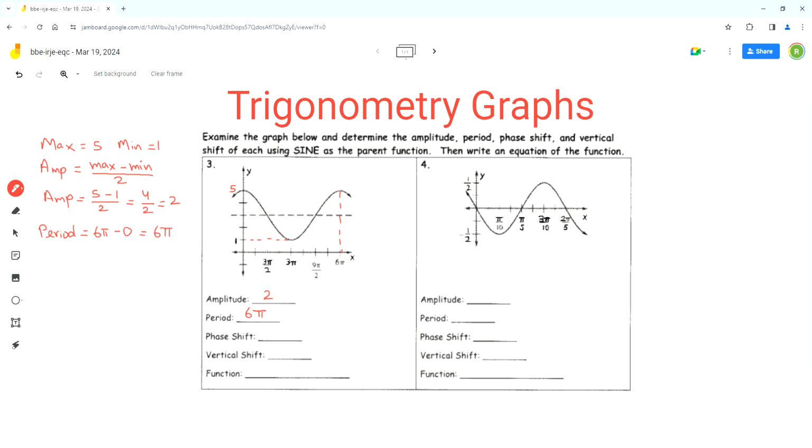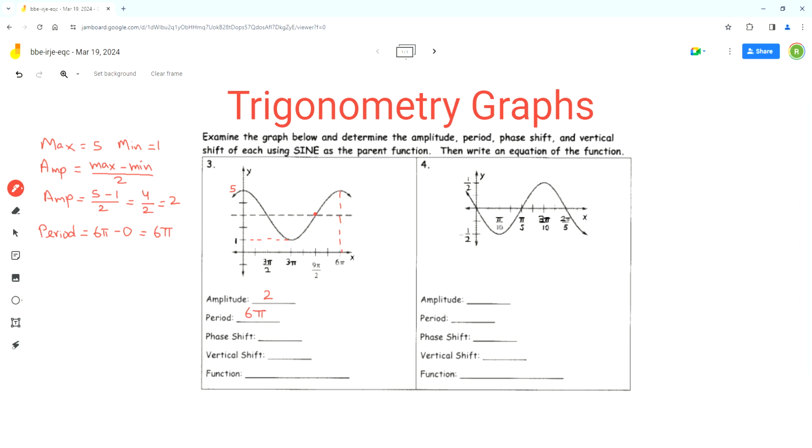Now we have to find the phase shift. Phase shift is basically the horizontal translation of the parent function. In this case, the parent function is the sine function. As you may know, for a sine function, the arm that goes up, the middle point of that arm is at the origin. So this red point here should be at the origin.